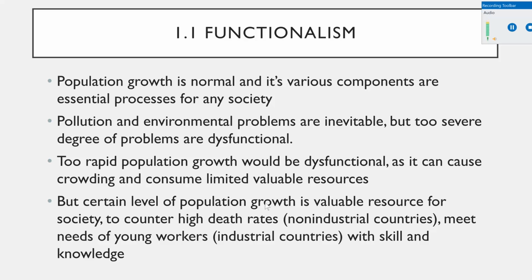However, too high a death rate or too high a decline will result in dysfunctional, negative consequences. So both too rapid population growth and decline will cause big problems. In functionalism, an appropriate level of population growth is considered the ideal process.